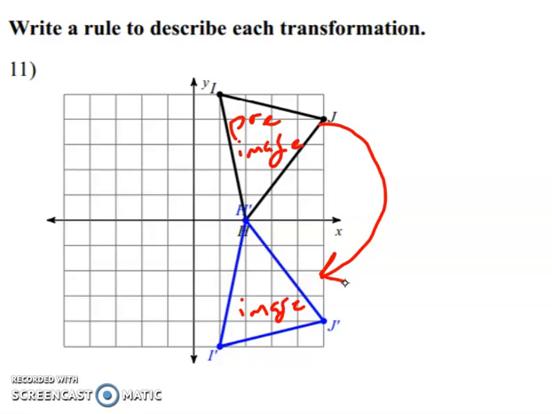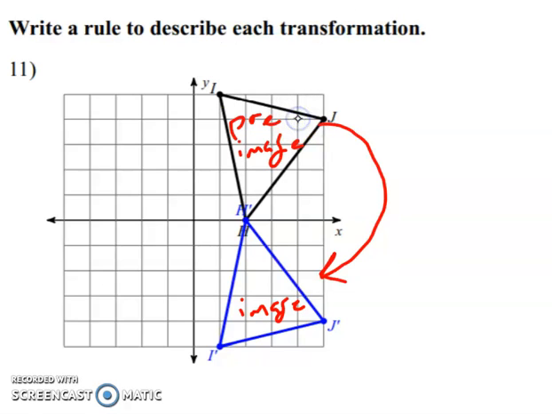So now we need to determine how did that exactly happen. With reflections, it's a little bit easier because we can say, oh, what is our line of reflection? In this instance, it seems like H and H prime are the same coordinate point.